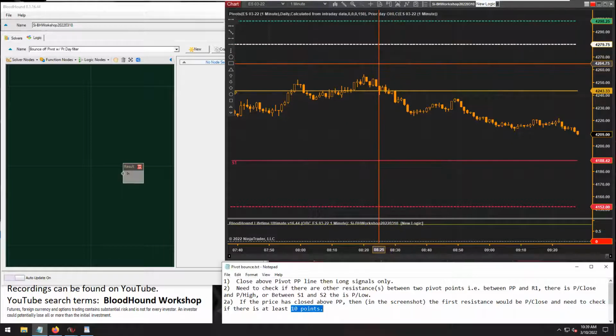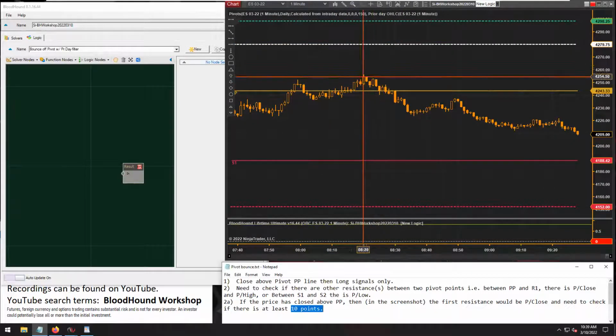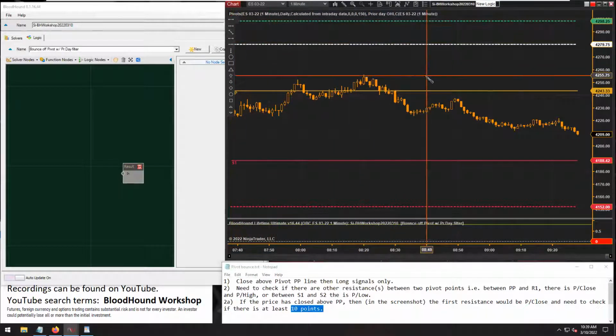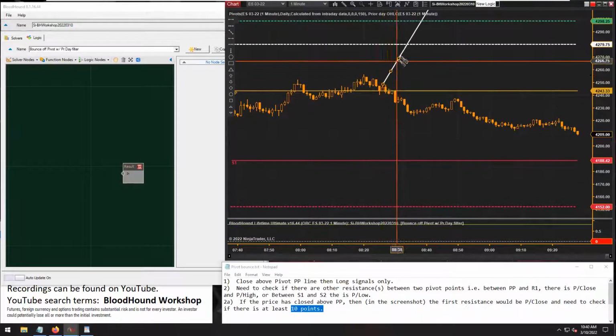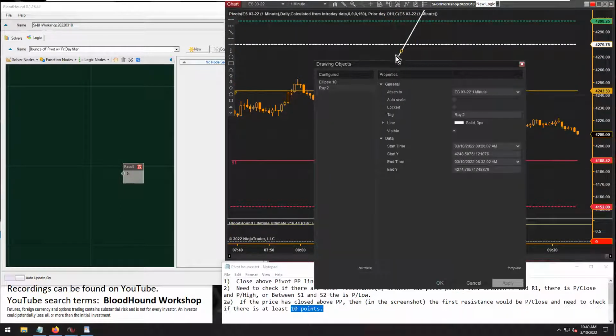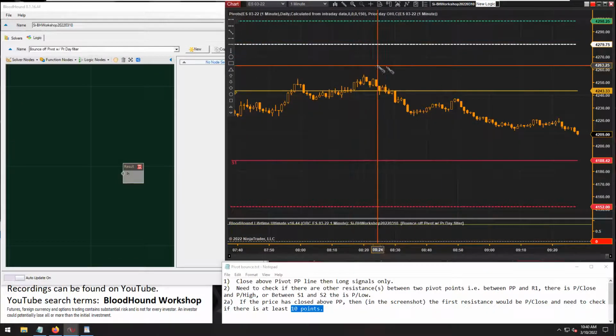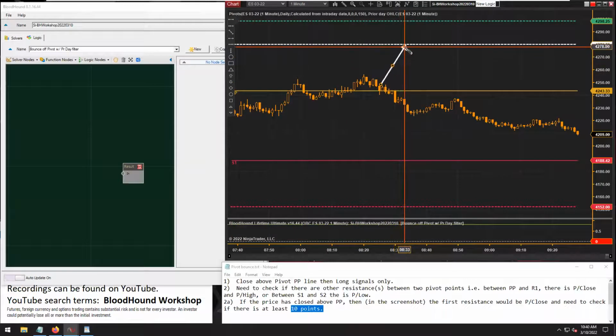All right, so the white line is the prior close, right? So if there is a long bounce off of the top of the PP line, then for any given day there needs to be at least, I want the arrow, so there needs to be at least 10 points if one of the prior day lines is right above the PP.